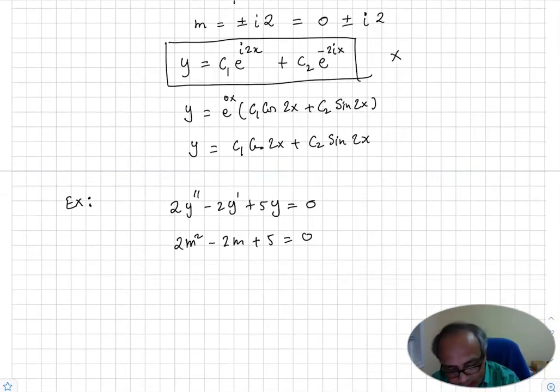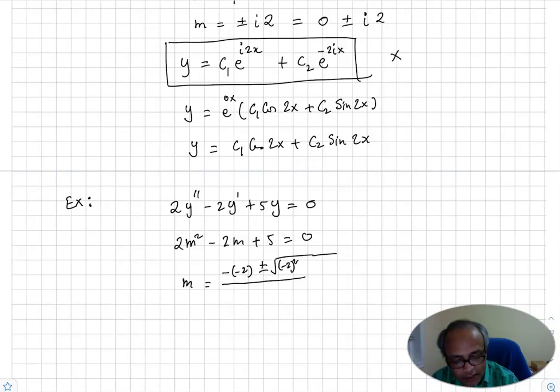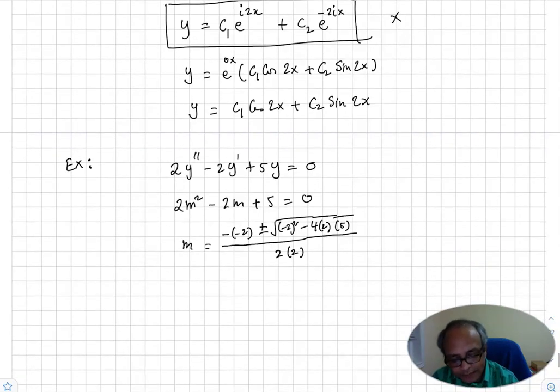And you can just use the quadratic formula: for a m squared plus b m plus c, m equals minus b plus or minus the square root of b squared minus 4ac, divided by 2a.